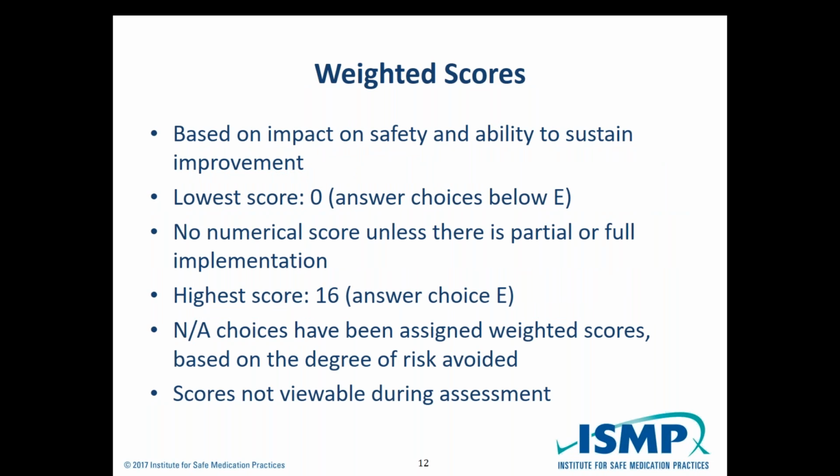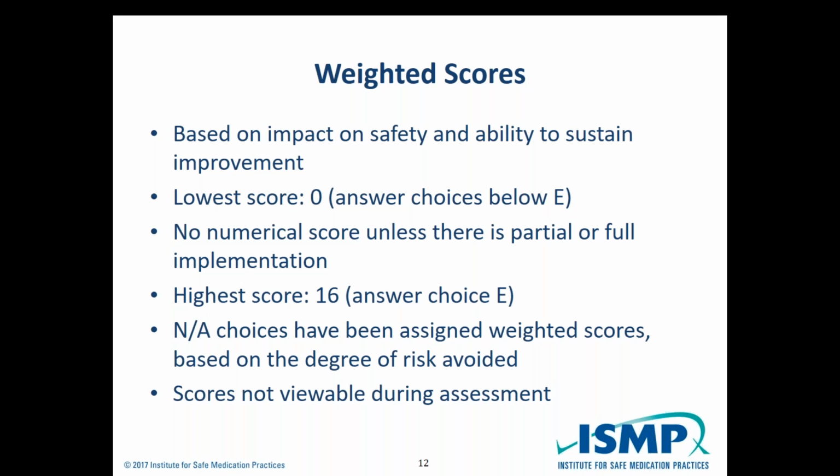The scores are weighted, and those weights are based on the impact of safety and ability to sustain improvement, and they go from a low of 0 up to a high of 16. Those were weighted internally by ISMP. Once again, if you're familiar with our assessments, many of our other assessments also had weighted scores.